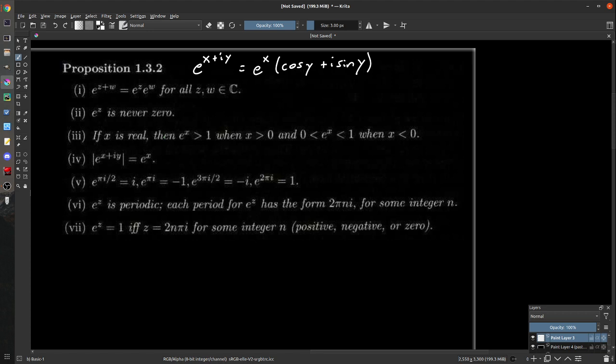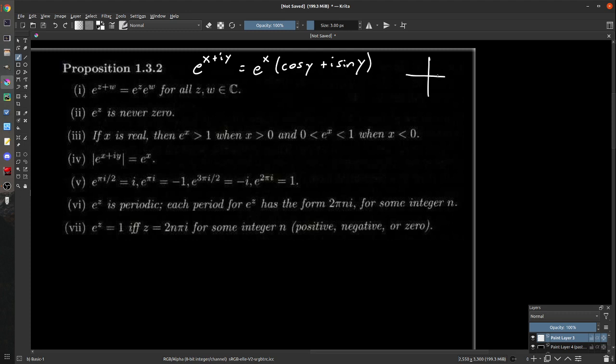Well, just think about cosine y plus i sine y. We're just looking at points on the unit circle right there, yeah? And so the e to the x piece is the multiplier. That is the thing that determines how long the thing is. The cosine y plus i sine y basically just determines which point we are at on the unit circle.